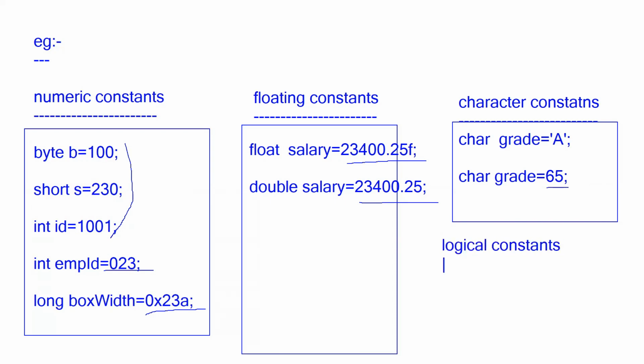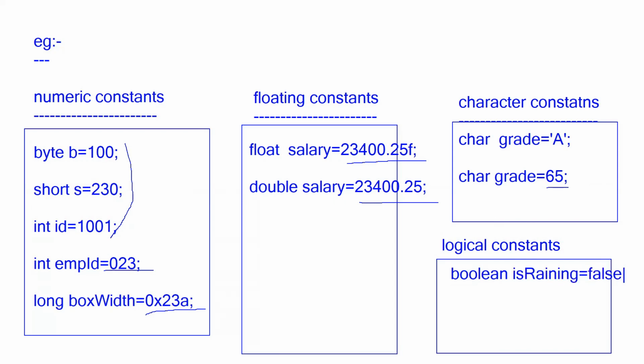The logical constants will be stored in Boolean variables. So you declare a Boolean variable here, like boolean isRaining equal to false, boolean isHoliday equal to true. Like this, you are storing the Boolean or logical values into Boolean type variables. So this way you'll be storing different types of constants into different types of variables.